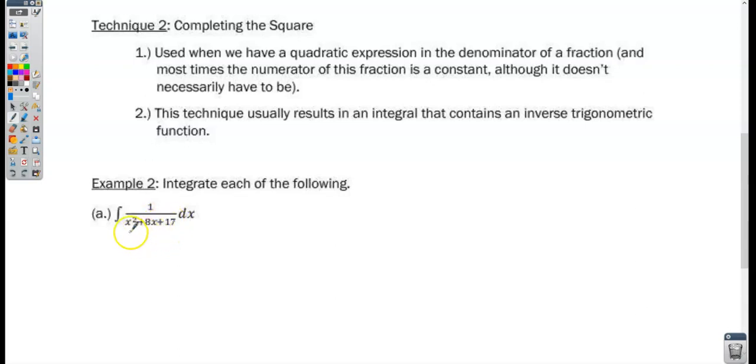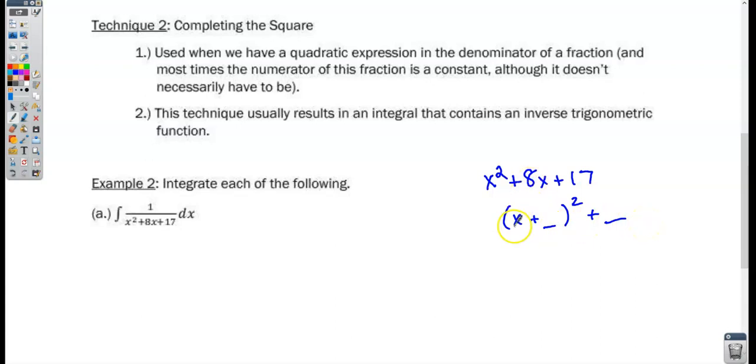So the first thing for us to do is to simplify this expression by completing the square, changing it into something else. Now, if you remember how to complete the square, when we have an expression like x squared plus 8x plus 17, we want to turn this into an expression of this form, x plus something else.